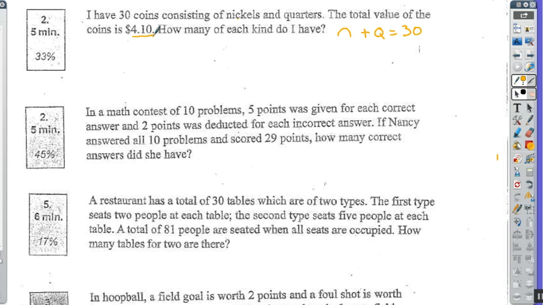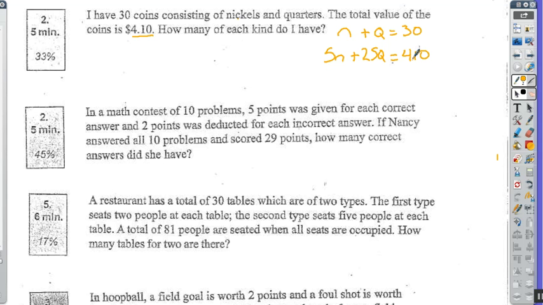It's going to be a little easier to not have the decimal, so I'm going to say 410 cents. How much is each nickel worth? 5 cents. How much is each quarter worth? 25 cents. So 5 times the number of nickels plus 25 times the number of quarters is going to be equal to 410.